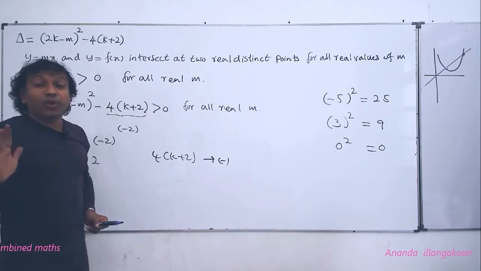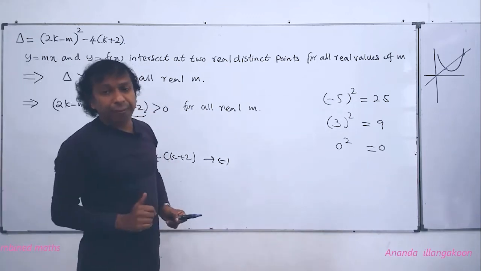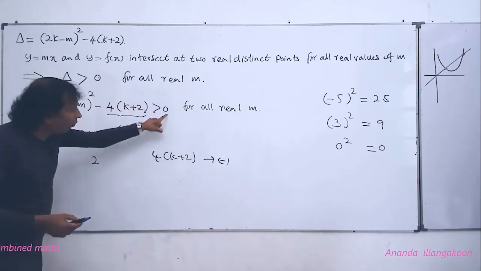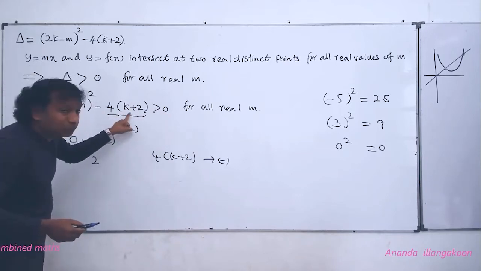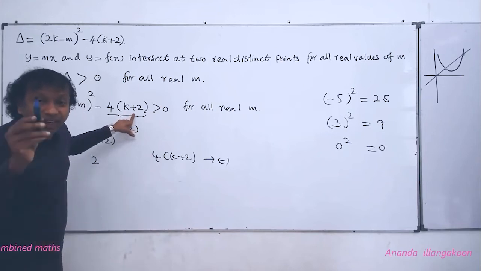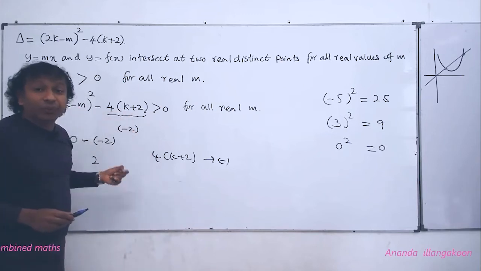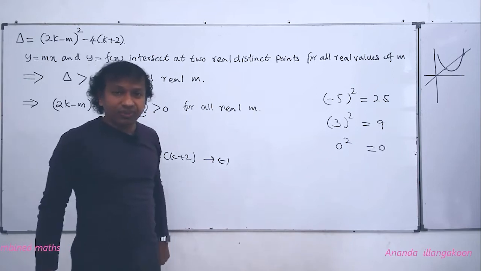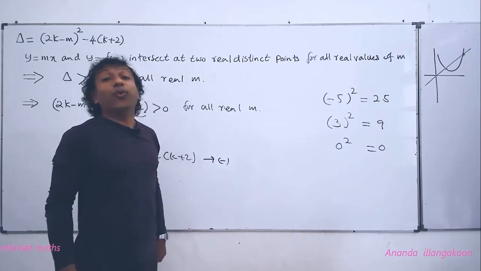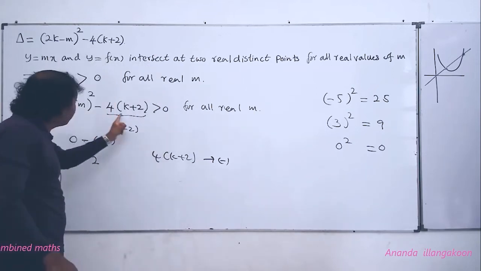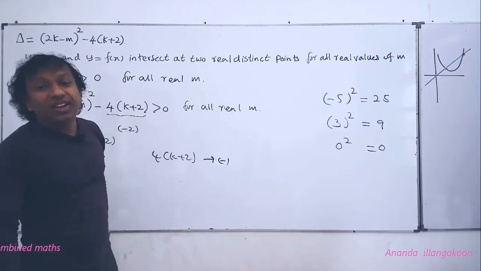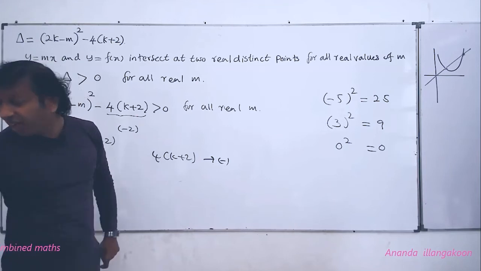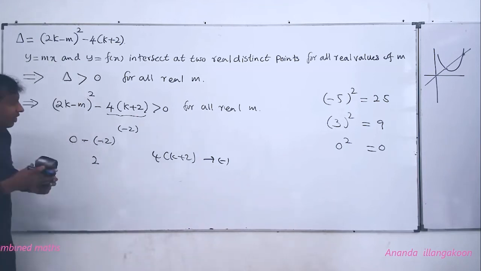Then for all values of m, for this left hand side to be positive, what is the condition required? This k plus 2 should get a negative value. That negative and this negative provide positive, then the left hand side becomes positive. Understand? So for all values of m, for this statement to be positive, this k plus 2 should be negative. Understand?